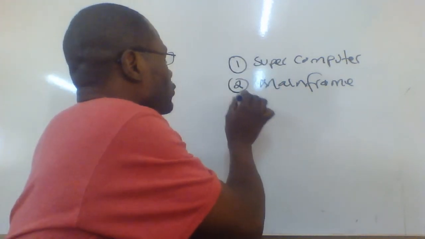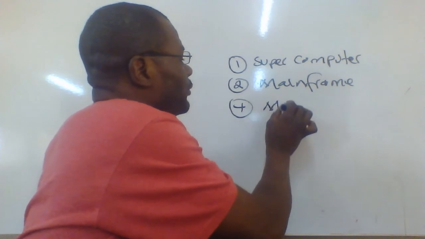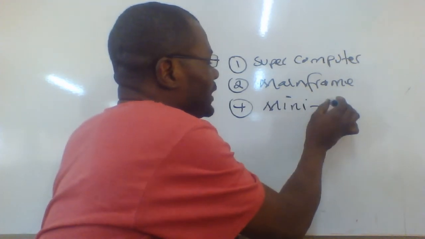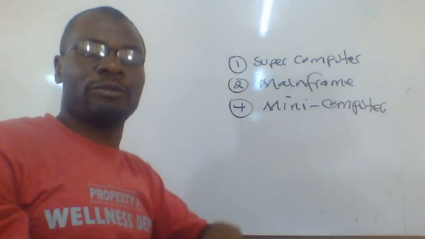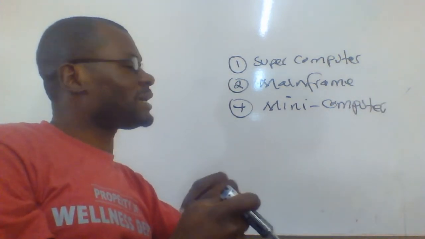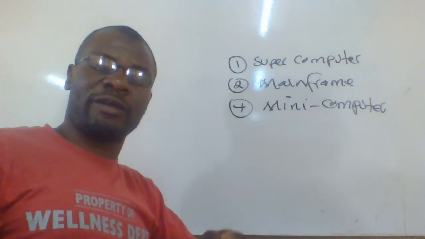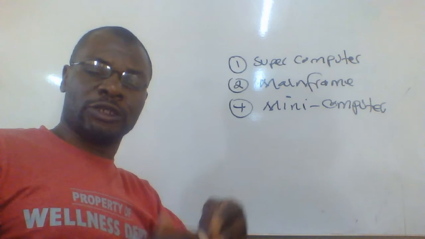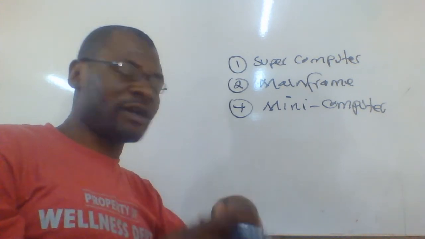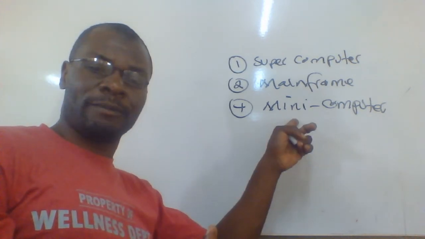Then we can also talk about the mini computer. Mini computers are the ones we are saying are specialized computers, designed to do specific things. You actually cannot find these on the shelves in the shop. You need to go to the manufacturer if you need one.